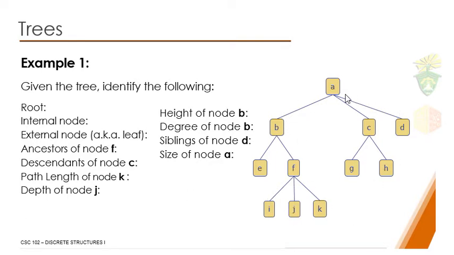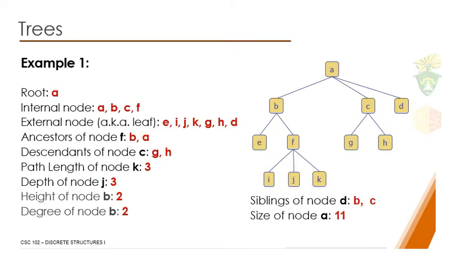For this given tree, let's identify the root, the internal nodes, the leaves, the ancestors of node F, the descendants of node C, the path length of node K, the depth of node J, the height of node B, its degree, the siblings of node D, and then the size of our tree, or the size of node A.